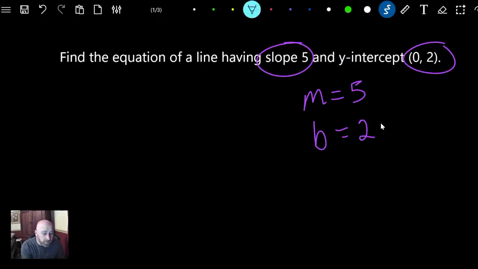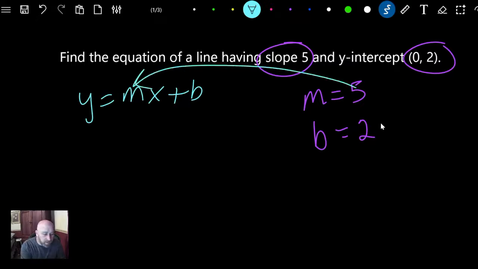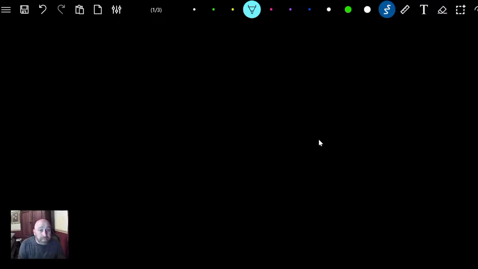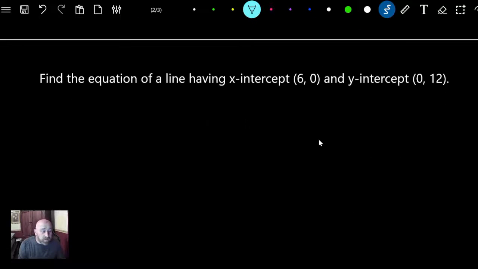Think about how easy this one is: y equals mx plus b. We just put that in there, and we're done. So y equals 5x plus 2. Don't you wish all pre-calculus was like that question? That would be great, but it's not. I'm sorry. So let's do the next one.